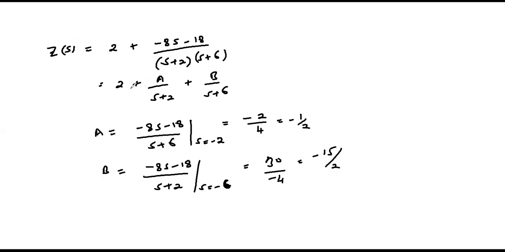Therefore, we do not expand the transfer function into partial fractions directly, but rather we first divide it by s, expand it into partial fraction form, and then multiply the resulting expansion by s to get back our transfer function.